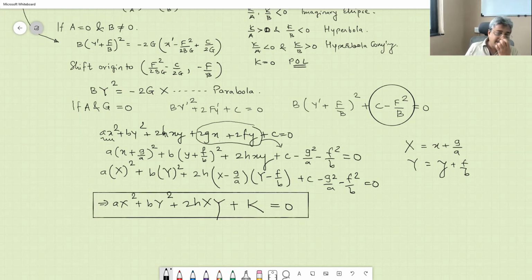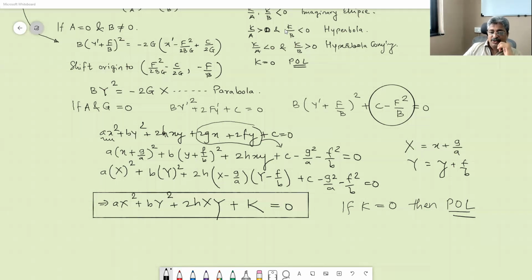If you look at this particular degree 2 equation, it is almost homogeneous except this k constant.